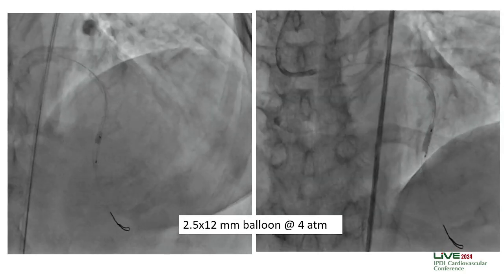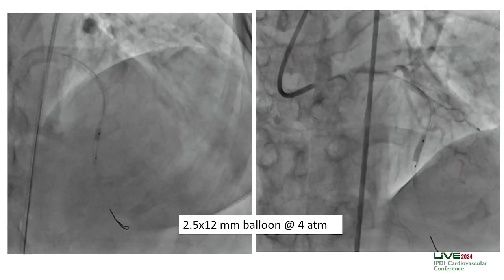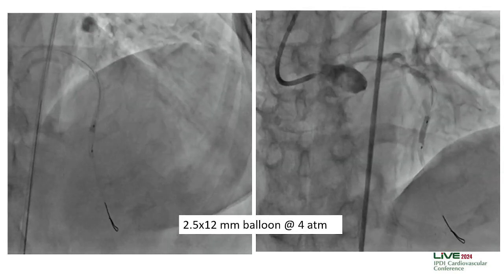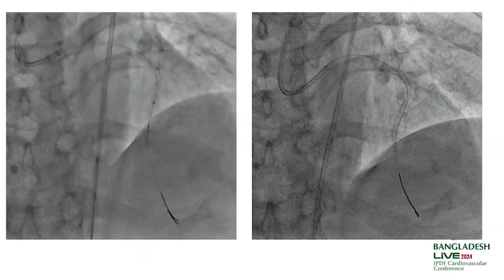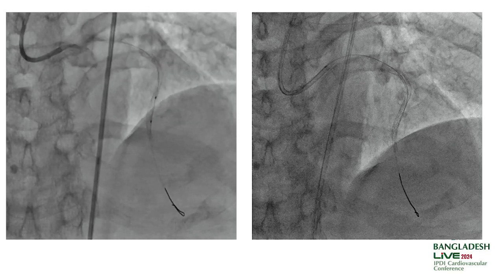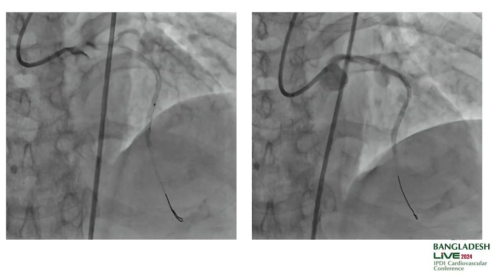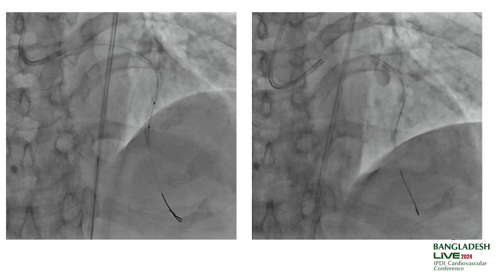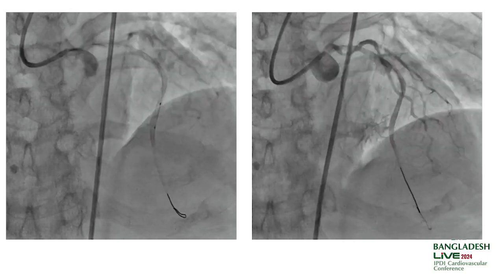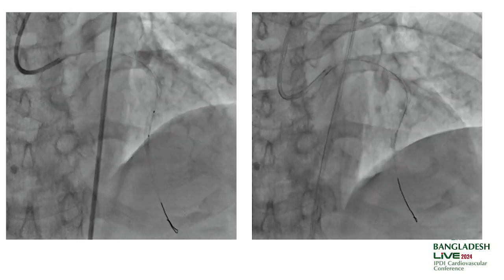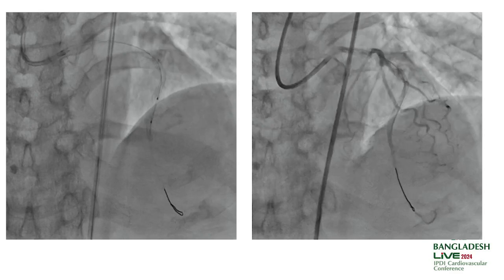So we proceeded for low pressure balloon inflation, 2.5 into 12 millimeter at 4 ATM, for about 6 minutes. And this is the prolonged balloon inflation. We can see the jet is still going outside from the distal part, but the patient was hemodynamically stable.